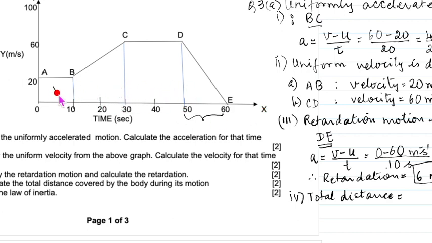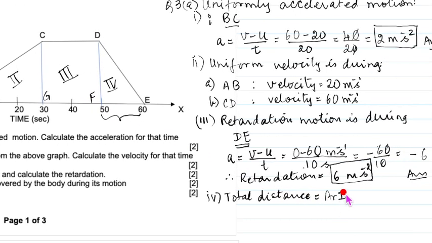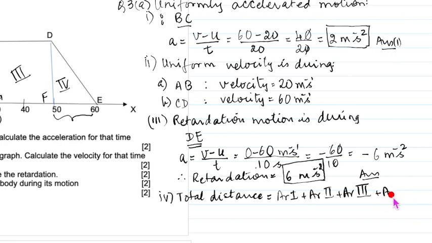Now if you call this as area 1, area 2, area 3, area 4, and if this is E, then we'll call this point as F, G and H. Now you will have to just show this diagram in short, and then you can say it will be area 1 plus area 2 plus area 3 plus area 4.